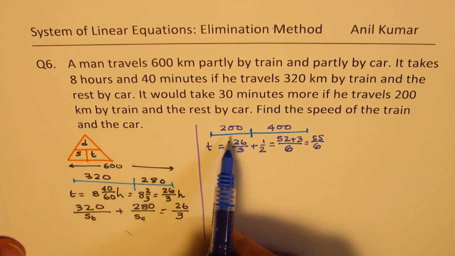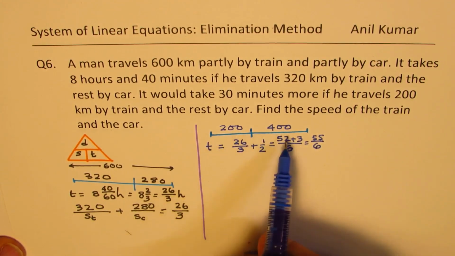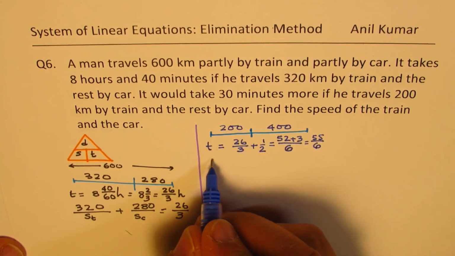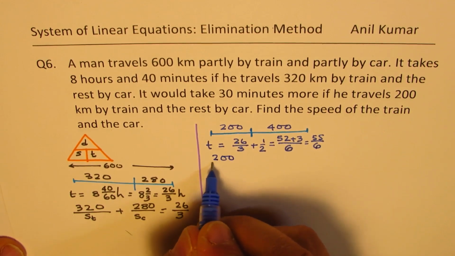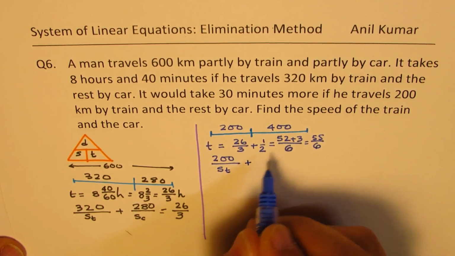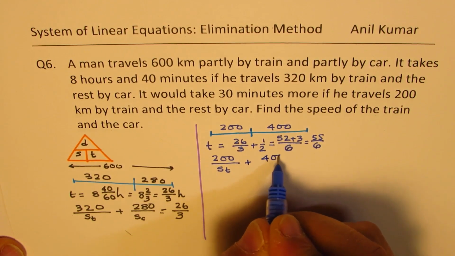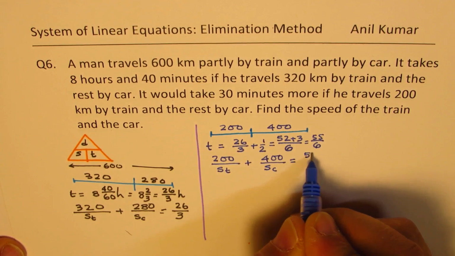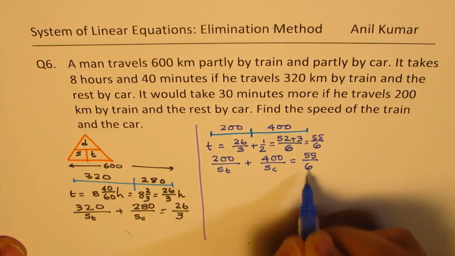Now, let's calculate time for train and car. So time for train will be 200 divided by the speed of train, which remains the same, plus 400 divided by speed of car, and total time is 55/6. You see that?